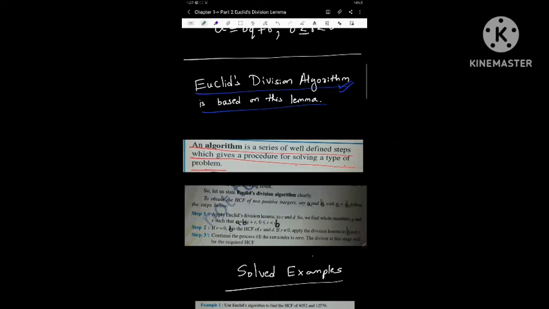Apply Euclid's division lemma to a and b, so we find the whole numbers q and r such that a equals bq plus r, and the condition for r is this. Step 2. If r equals 0, b is the HCF of a and b. If r is not equal to 0, apply division lemma to b and r. Step 3. Continue the process till the remainder is 0. The divisor at this stage will be the required HCF.